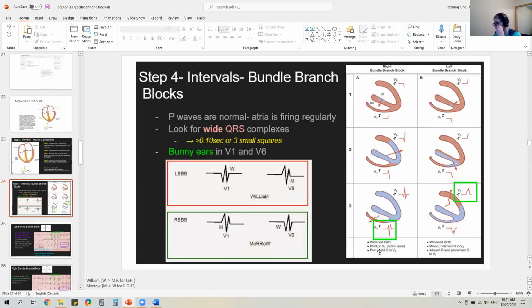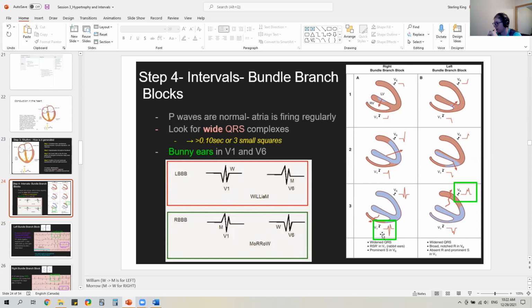But what you really want to focus on is that with a right bundle branch block, you get what looks like rabbit ears in lead V1. So you can see ears, versus with a left bundle branch block, with the way that the depolarization goes, you end up with kind of mountain peaks in lead V6.